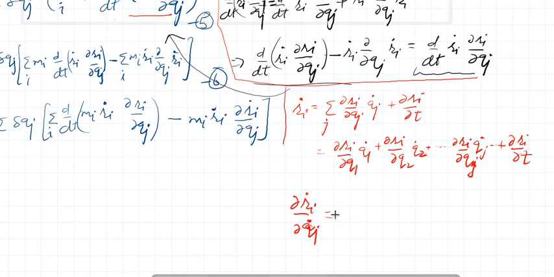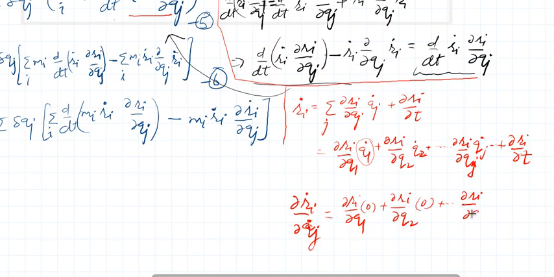The derivative of the q1 term with respect to q̇j is 0, the q2 term is again 0, and so on.